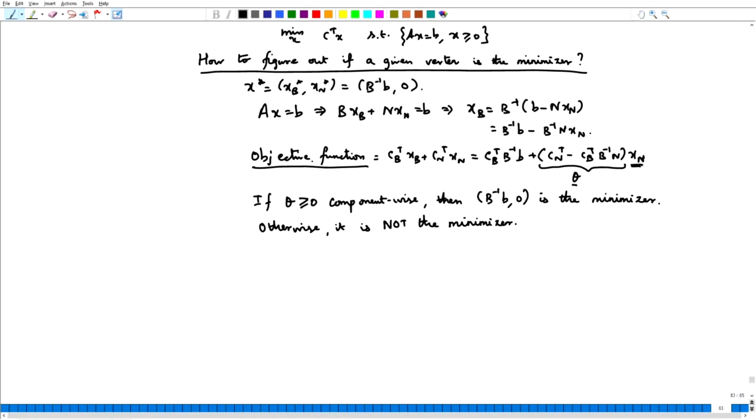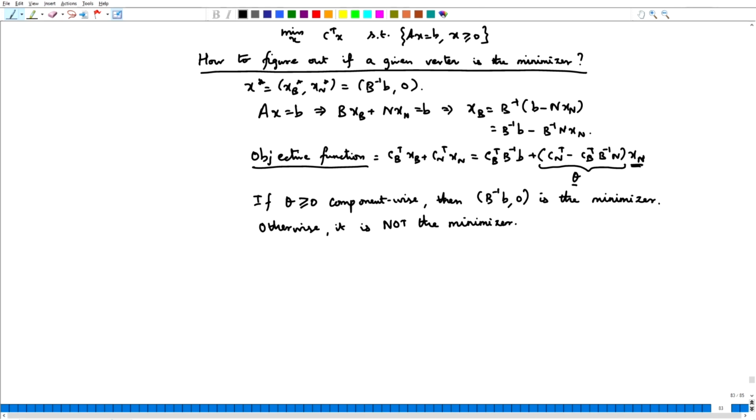If not, let us say you have at least one component where theta is actually negative, okay. In that case I can actually increase that xn to further reduce the value of the objective function, and thus the minimizer is not actually attained, right.